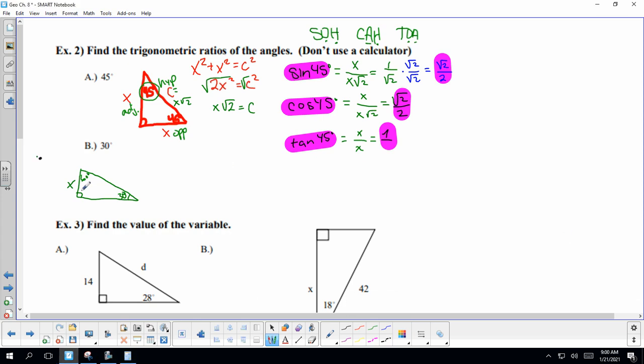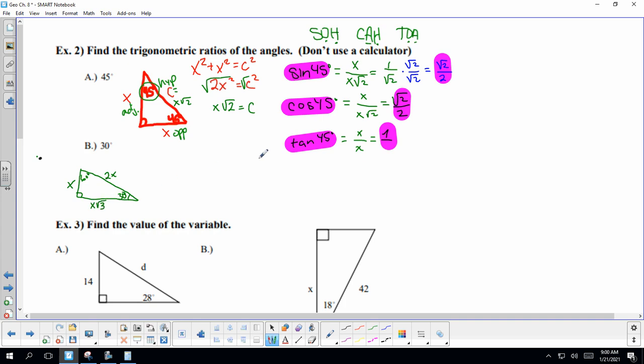So in a 30-60-90, the hypotenuse is double the short leg, and the long leg is the short leg times the square root of 3.